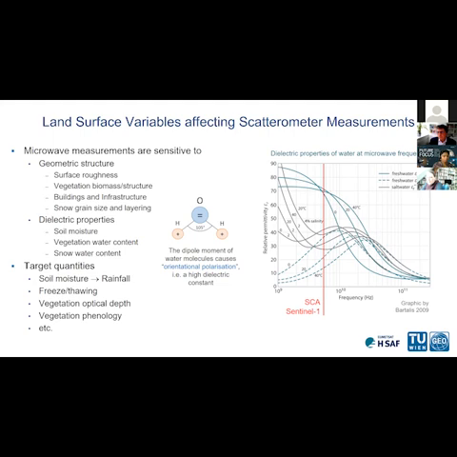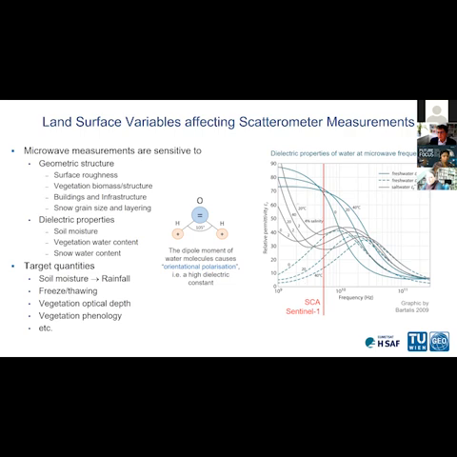Only when you come to microwave frequencies in the order of 13, 14, 15 gigahertz is where the relaxation frequency takes place. Basically, the molecules cannot follow the applied electromagnetic field any longer, and the dielectric constant rapidly decreases.